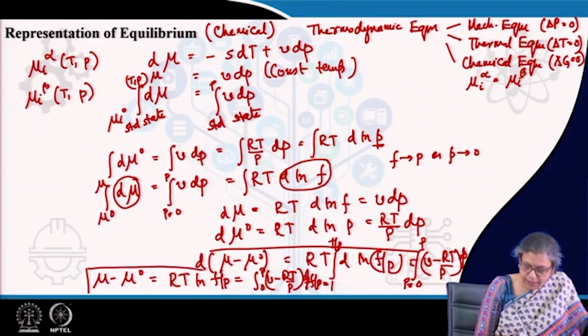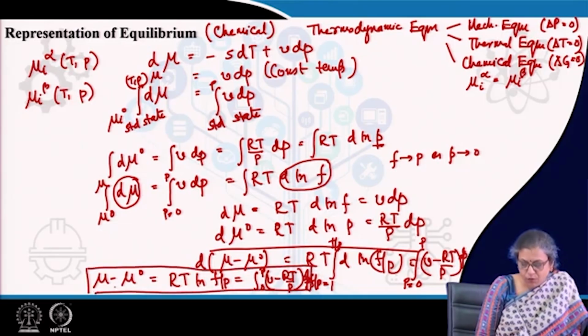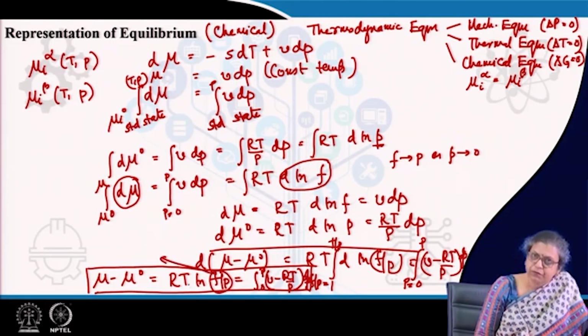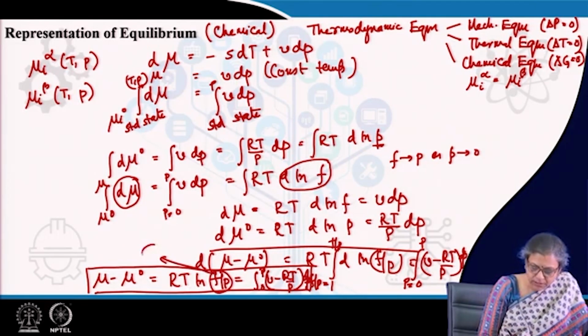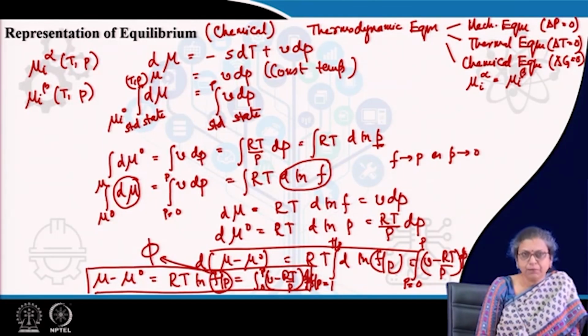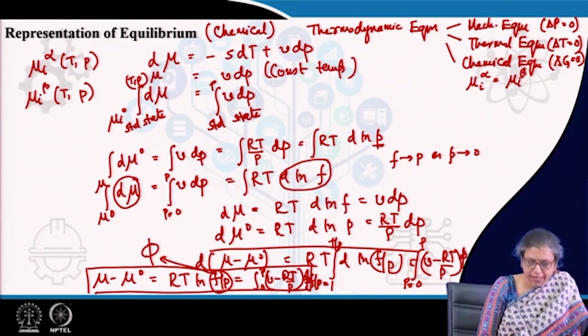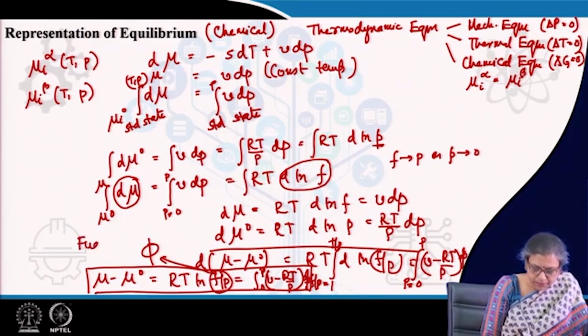So, this now becomes the defining equation for mu, or the defining equation for the fugacity, and this particular ratio F by P, since it is very frequently encountered, is given a particular notation phi, and it is known as the fugacity coefficient.